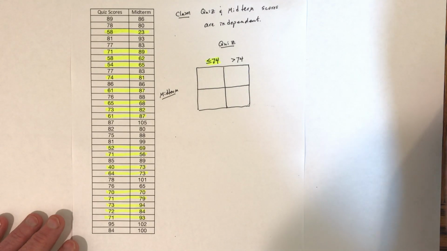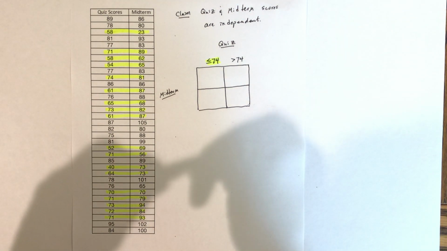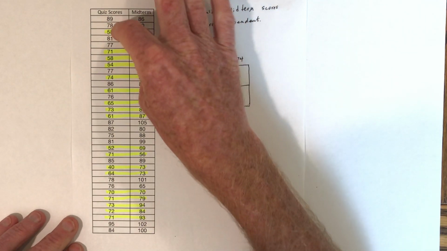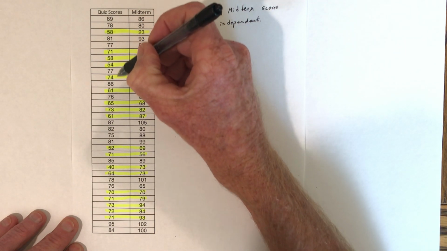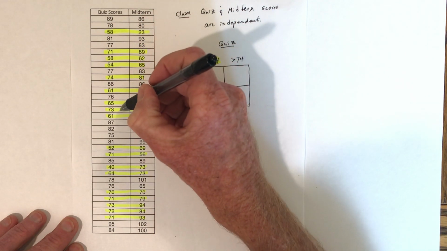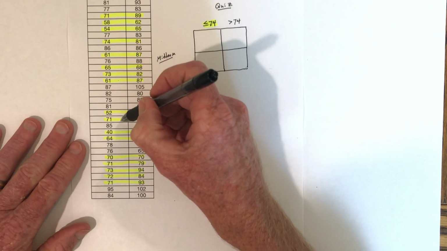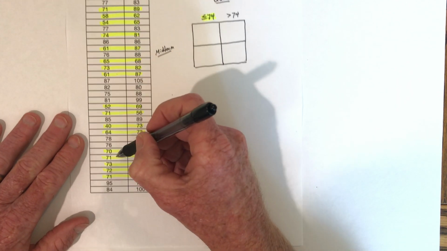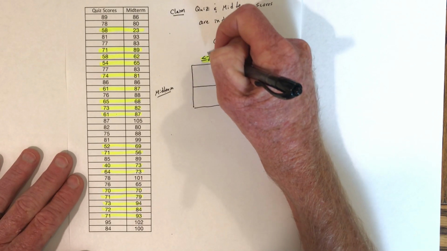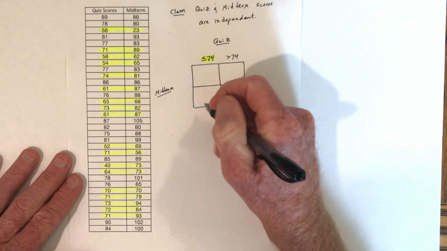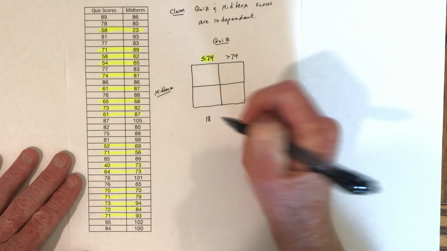Okay. Next, I'm going to count those people that got highlighted. Also can put the cap back on so it doesn't dry out. 1, 2, 3, 4, 5, 6, 7, 8, 9, 10, 11, 12, 13, 14, 15, 16, 17, 18. So that means this column right here should be 18 people total.